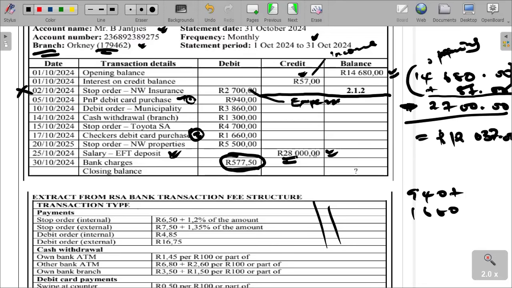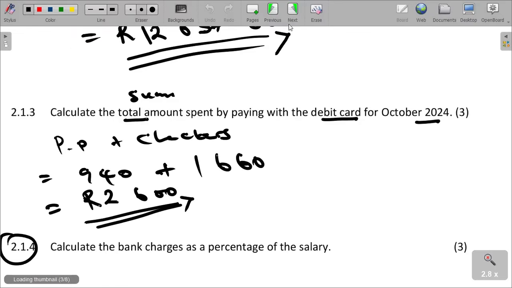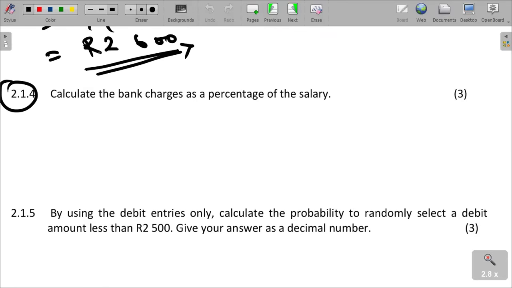That is what we are given there. So we need to calculate a percentage of this one. In order for us to do that, we are just simply saying the bank charges is 507.